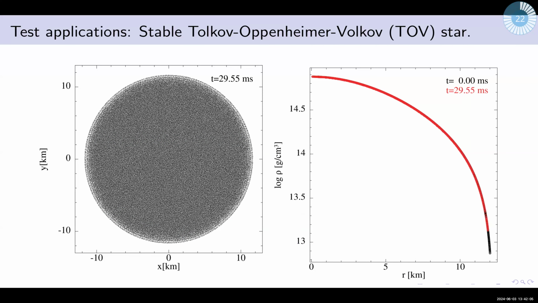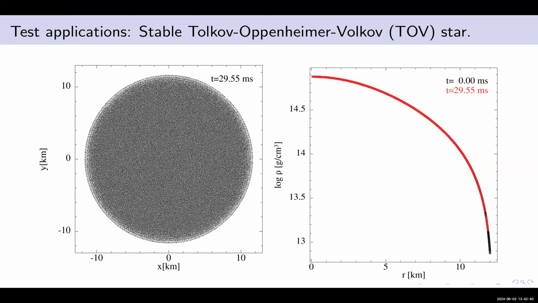What I also wanted to show is that after evolving this Newtonian star for almost 30 milliseconds, which is a long time, this is the particle distribution. You can see we still have a very well-defined particle distribution that doesn't do anything strange near the surface of the star. In black, we show the initial density profile, the density as a function of radius.